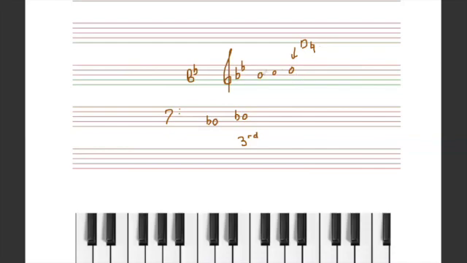So this one, B flat to D, would be a major third. But if we take a look at this question here, it's not a D natural, it's a D flat. So if we take a major third and we lower it by a semitone, it becomes a minor third. And that's how we would work out these questions, using our knowledge of the properties of major scales.